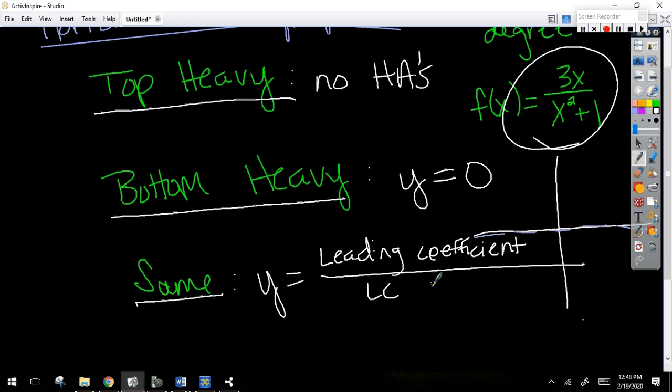So I want the coefficient of the term with the biggest exponent. And we'll do an example of all of these so you can see. Is that an LC? Yes, LC. I just didn't write out leading coefficient. All right, let me show you an example.